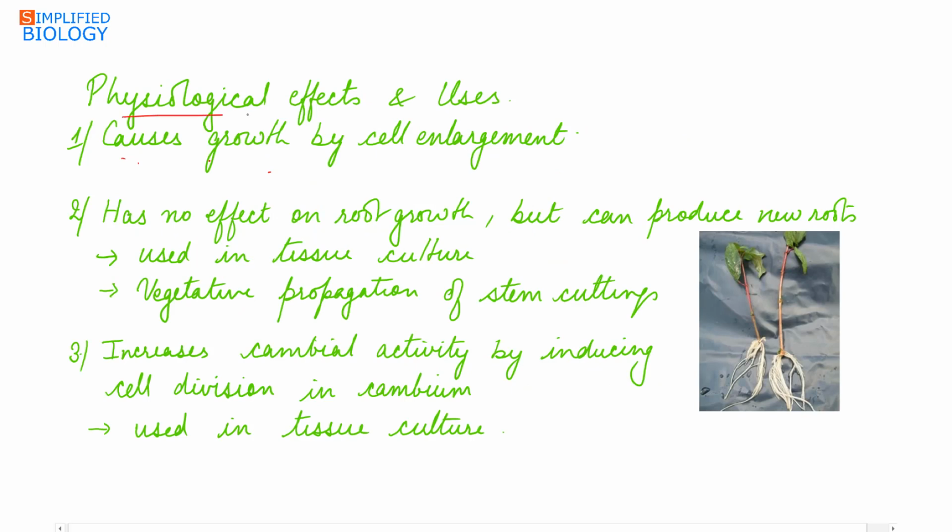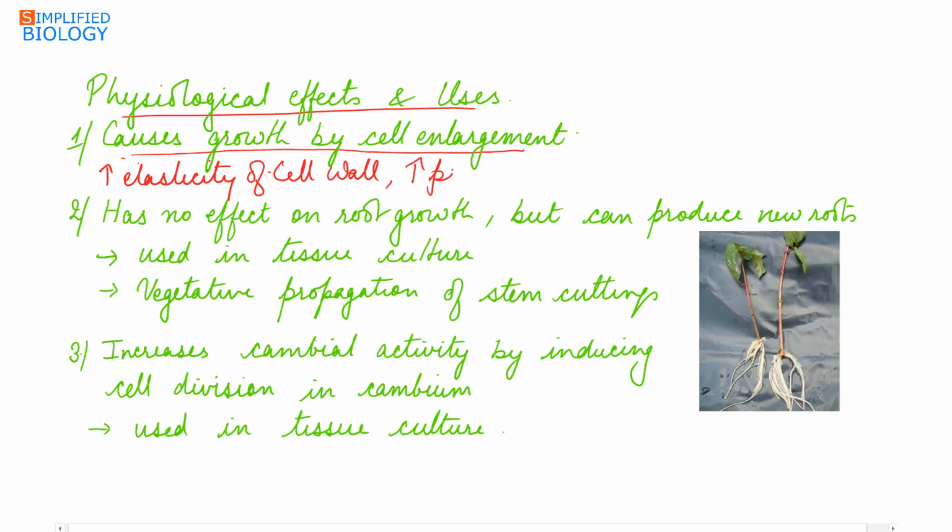Physiological effects and uses of auxin. First, it causes growth by cell enlargement, that is by increasing elasticity of the cell wall, increasing permeability of the cell membrane, and increasing rate of respiration.